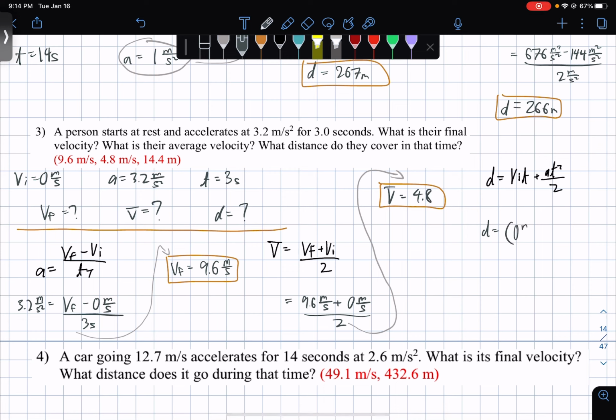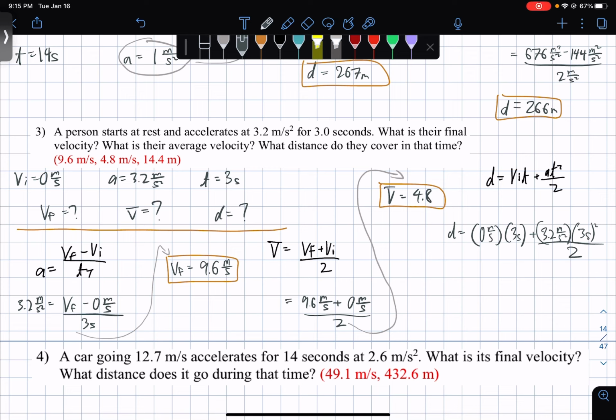So Vi is 0 meters per second. Time is 3 seconds. Acceleration is 3.2 meters per second squared times the time, which is 3 seconds. And then don't forget to raise to 2 and then divided by 2. So 9 times 3.2, I think that's 27.6, 28.2. 9.6.